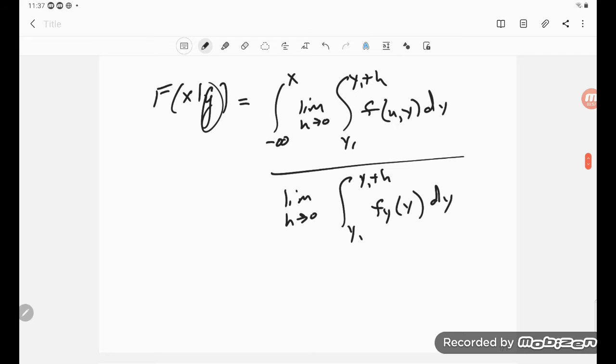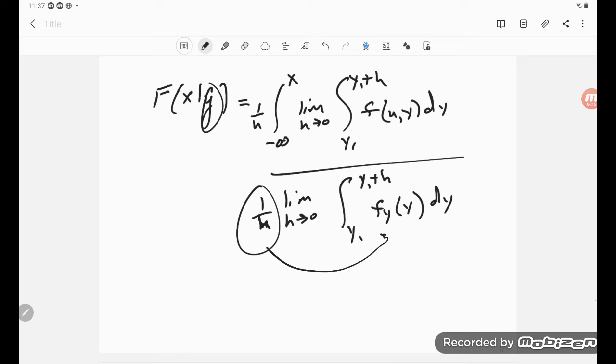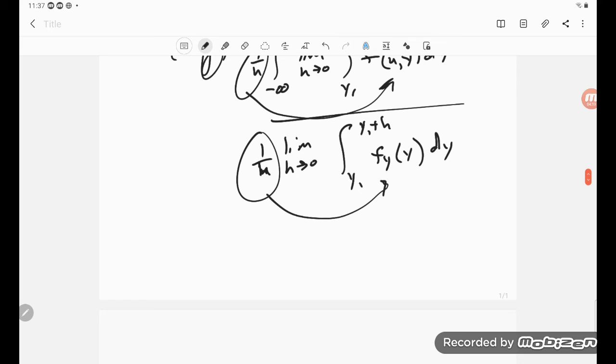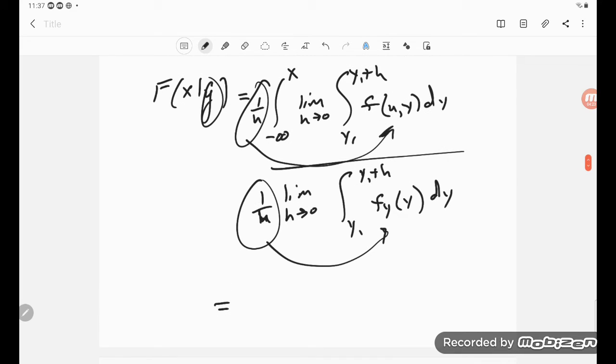Okay, so we have that. Now what we'll do, and we'll not change the problem, is toss in a 1 over h up there and a 1 over h down here. And so you see, I haven't changed the problem. And now this 1 over h can go with this, and that's how we end up with the fact that things didn't change.